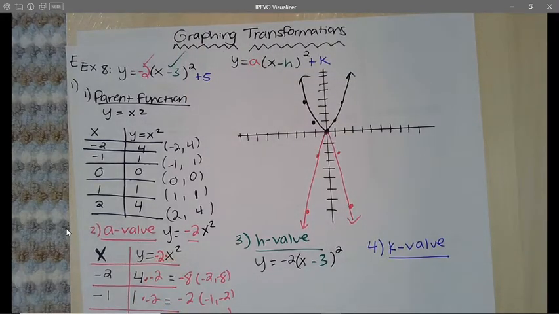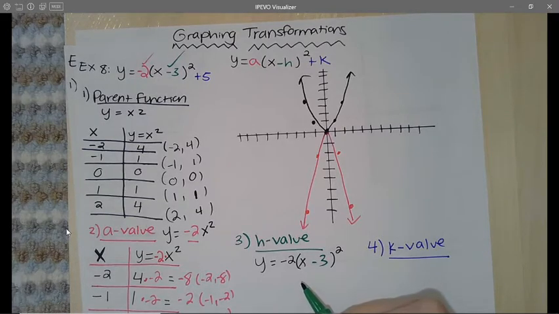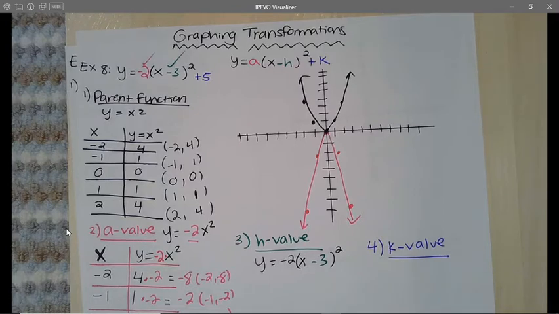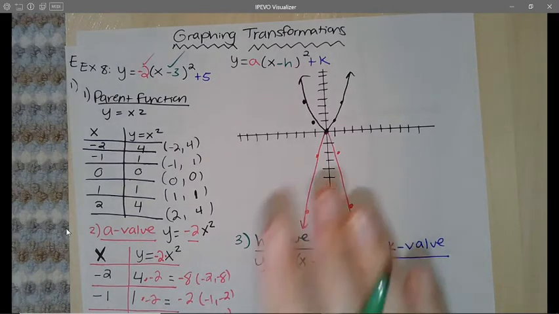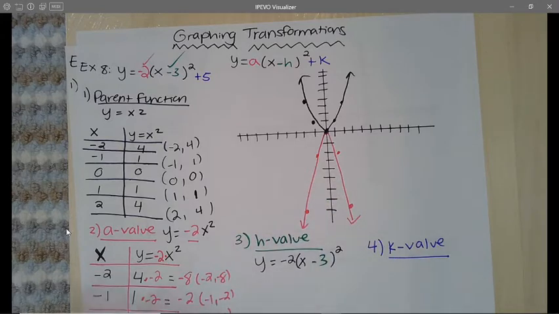First of all, we're math magicians, right? We can already predict what's going to happen to the graph based on the h value. So don't forget, you guys, when you have the h value, you must think the opposite. If we're going minus 3, which way does the graph go if it's x minus 3 for the h?